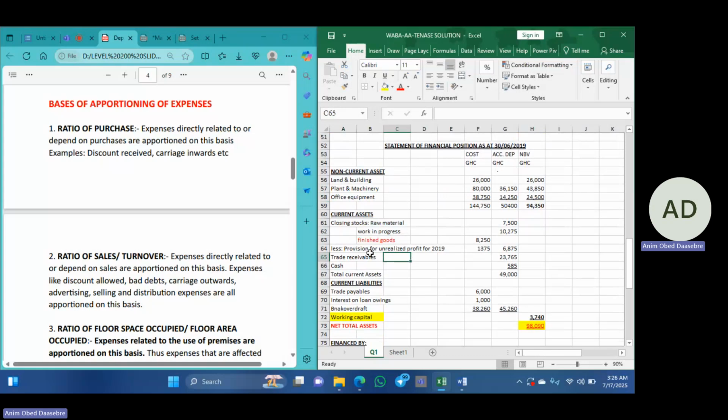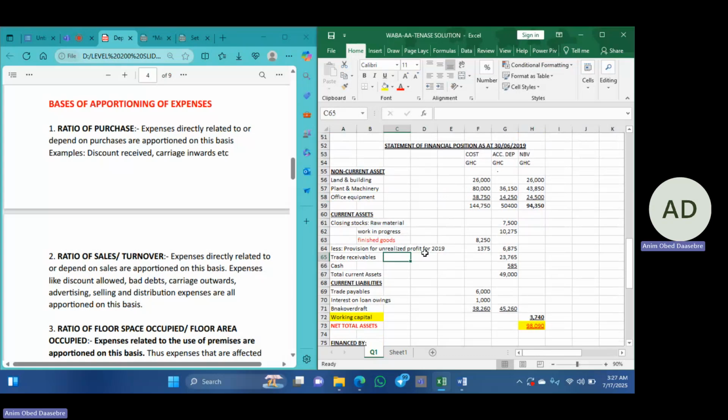So the things you do to adjust the closing stock of finished goods are, one, provision for unrealized profit for the current year. The profit component of the closing stock of finished goods for the current year would have to be subtracted from it.